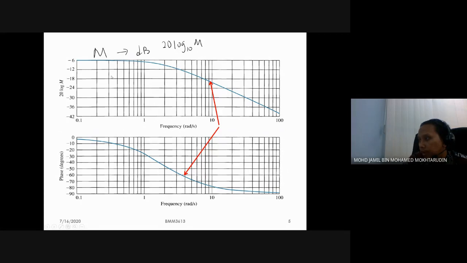So this is a log plot. You can plot from 0.1, and then the next one is 10 times 0.1, so you get 1, and then 10 times 1, you get 10, and so on. And the bottom plot is the phase, or the phase angle of the transfer function. So the same x-axis, but the y-axis is in terms of angle.